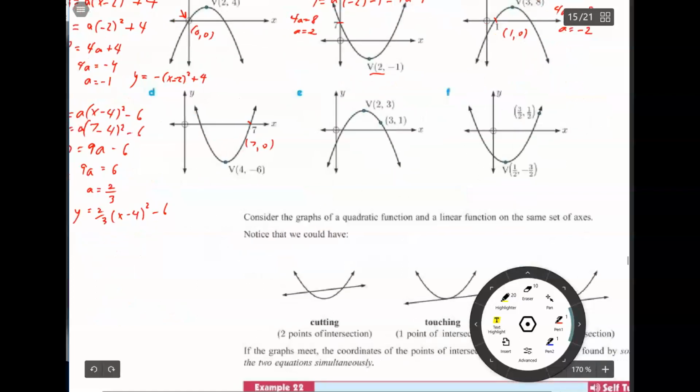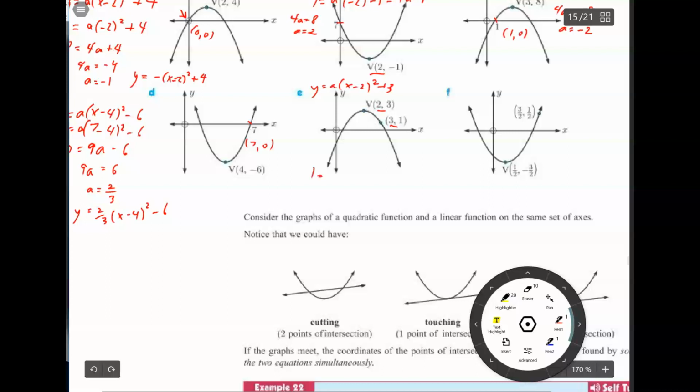E. So the vertex is (2, 3), and the given point is (3, 1). So we could put y equals a times (x minus 2) squared plus 3. And then we could find the a value by putting 3 in for x and 1 in for y.